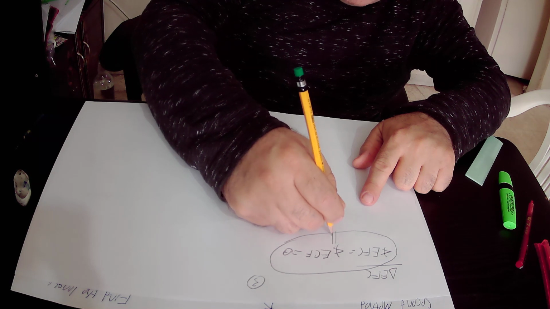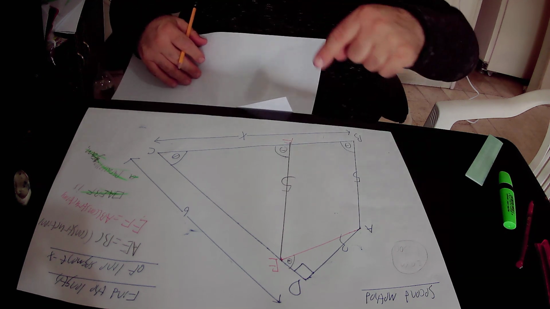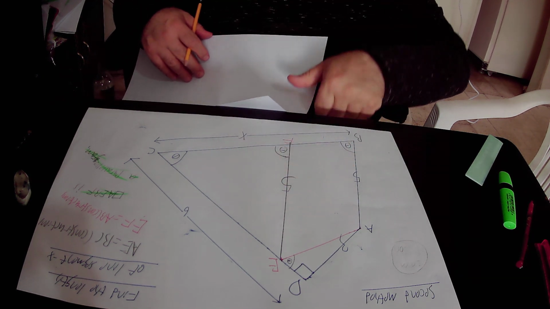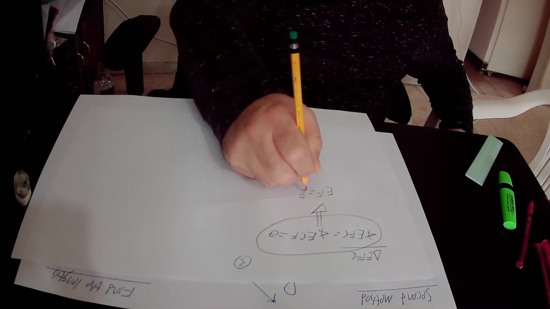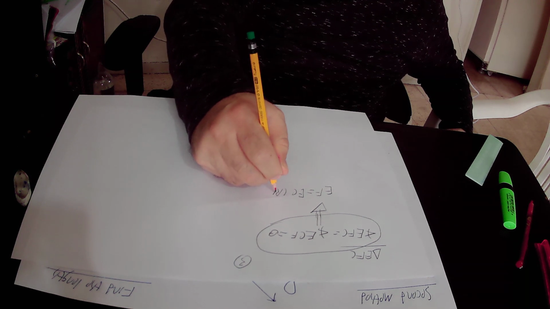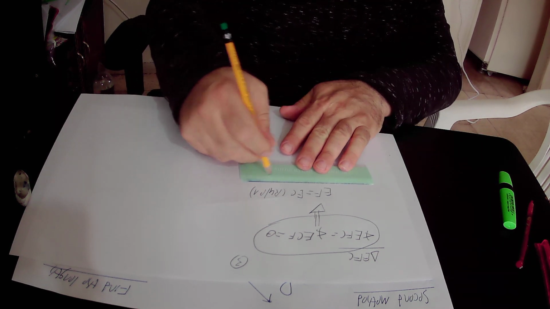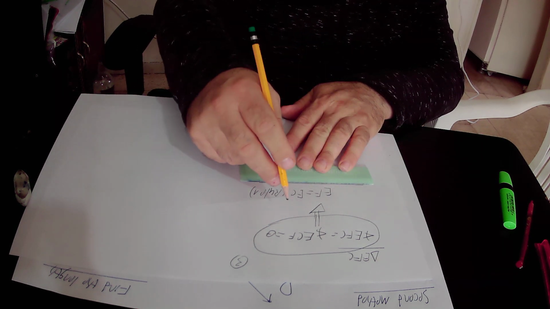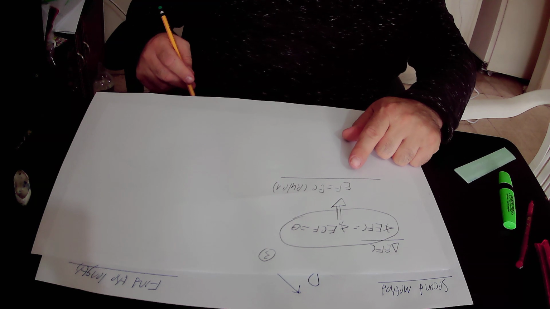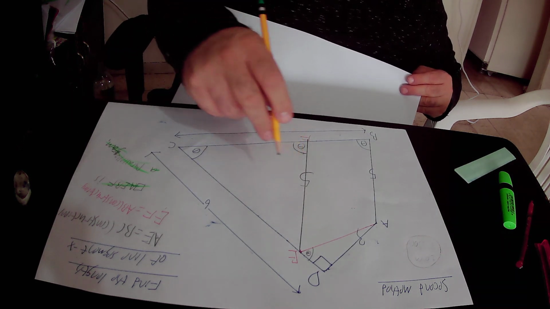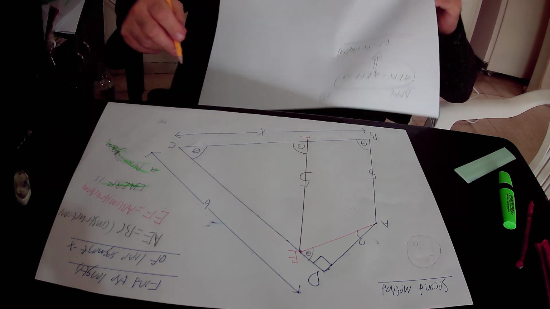Therefore, according to rule number 1, we conclude that EF equals EC, according to rule number 1 that states that in front of equal angles in the triangle there are equal sides. So in front of those two equal angles, EFC and ECF, there are equal sides. That is to say, EF equals EC.